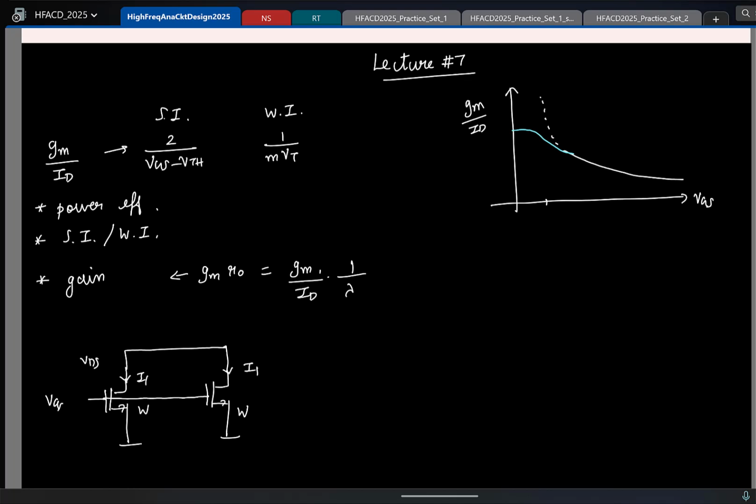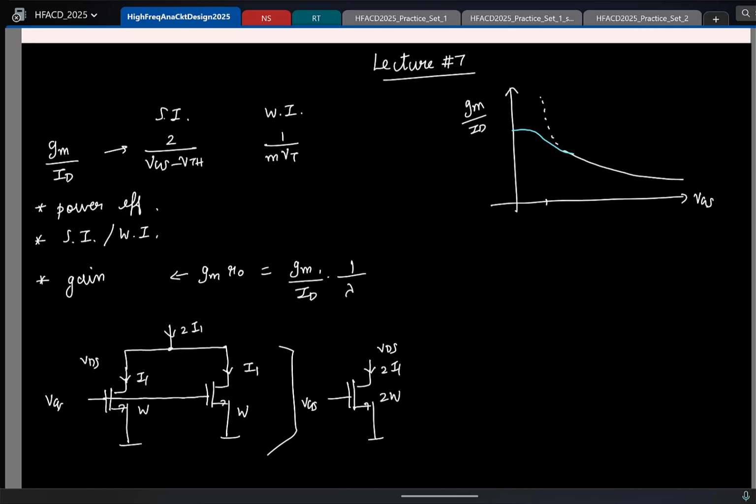I1. Fine, same VGS, same VDS, same transistor. This entire thing can be thought of as one composite transistor whose width is 2 times W, connected to the same VGS and VDS. So now you see that the current here is 2 times I1.